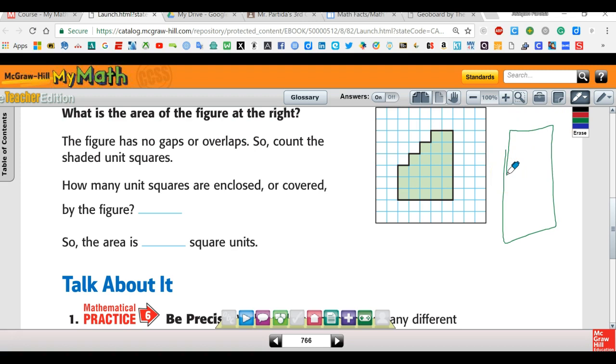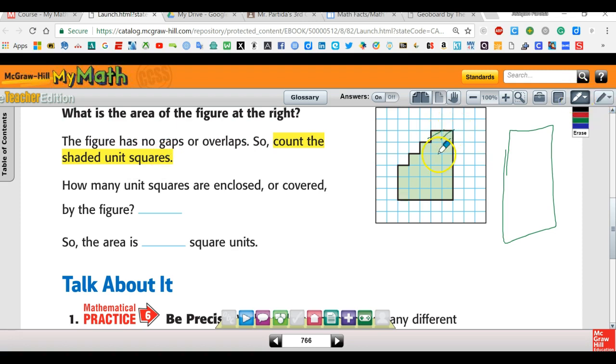No. So what can I do to actually figure out the area? So what can I do? Count the squares. Okay, I'll count the squares.